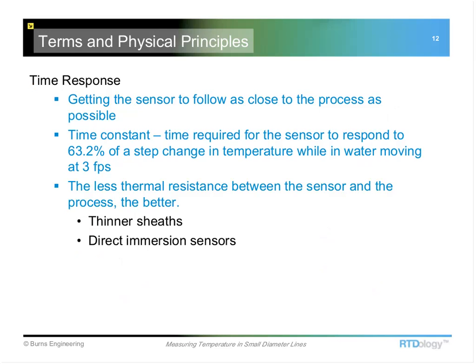Some of the things that can be done to address time response would be usually smaller probes that will have faster heat transfer, and sensors that are directly immersed into the process. They won't have a separable thermowell associated with them. And there are some different materials that can be used for the probe, and then some different ways that the probe can be mounted into that process.